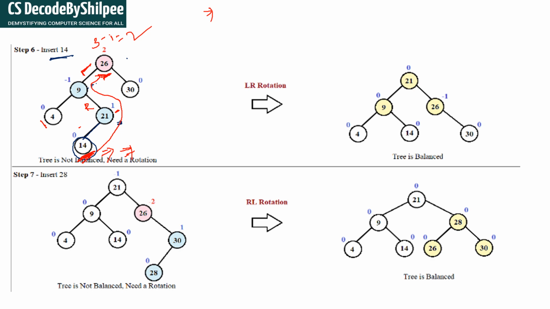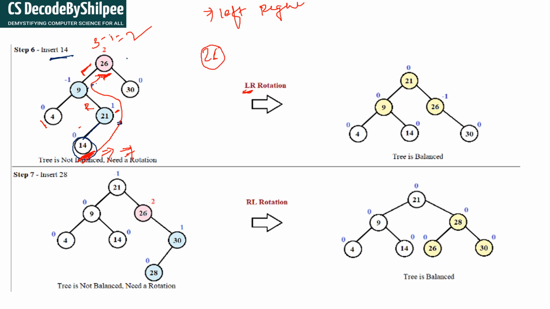So this is a left and right problem. This is an LR problem. For an LR problem, what will you do? For the long cut method, you perform a left rotation and then a right rotation. What was the problem here?